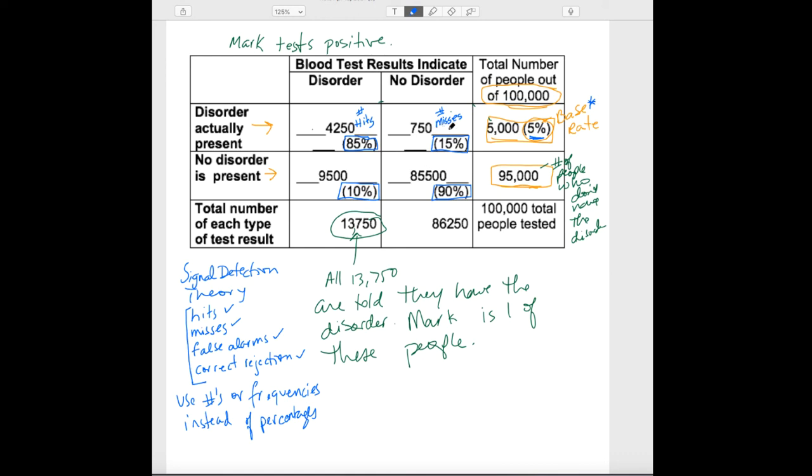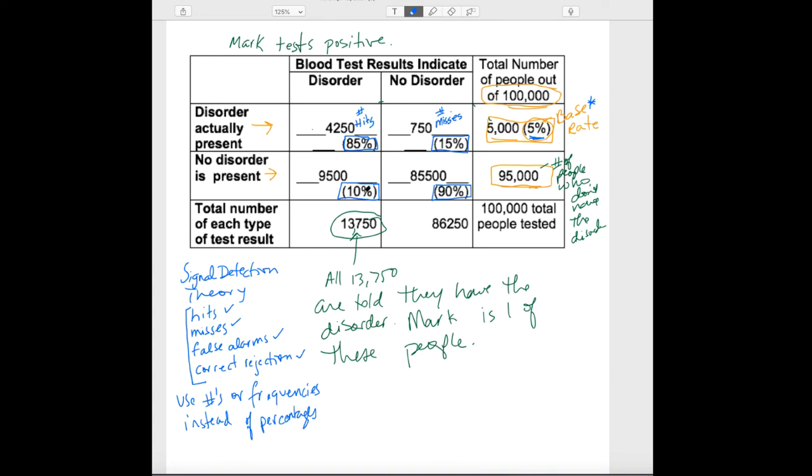Those are the misses. Now let's go down and look at the people who in reality will not have the disorder. Some of them will be diagnosed with it, some of them will be diagnosed without it. So the test has a 10% false positive rate. 10% of the people who are tested are going to falsely be told they have the condition when they really don't.